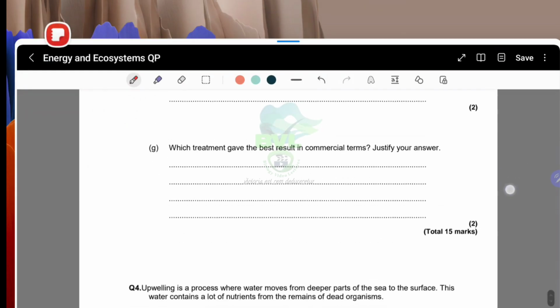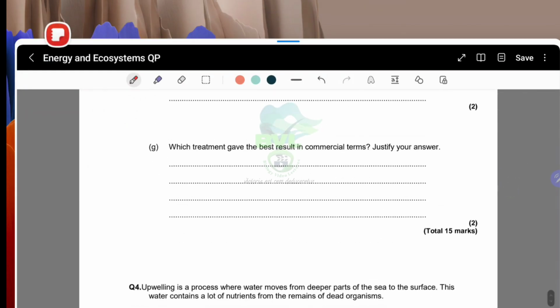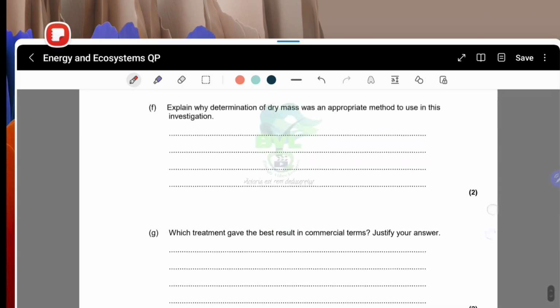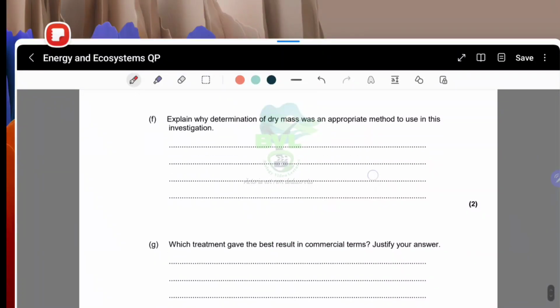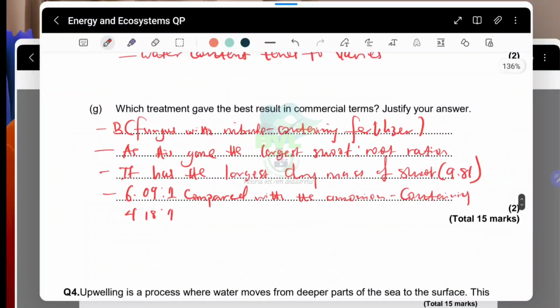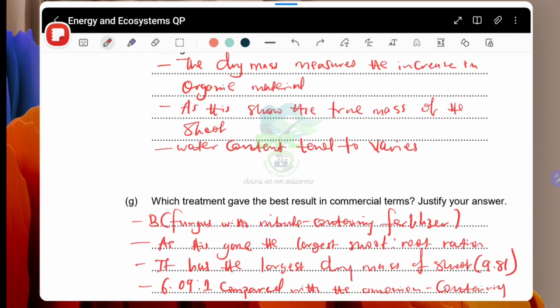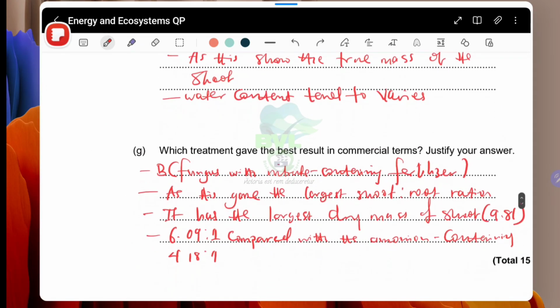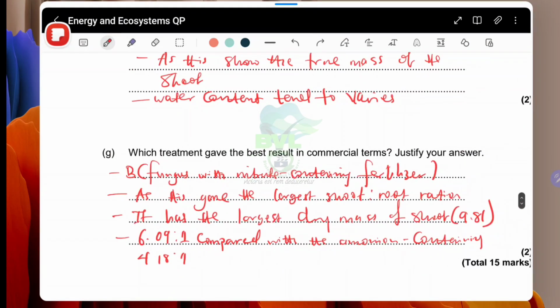Now, okay, which treatment gave the best result in commercial terms? Justify your answer. So, which results from what we've observed give the best? It says B and C, fungus containing fertilizer. Now, let me see that. So yes, B, I mean the fungus with nitrate containing fertilizer.